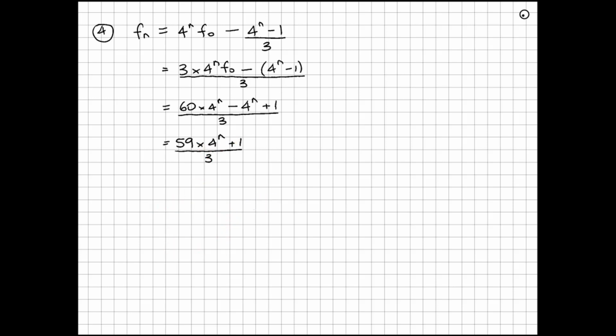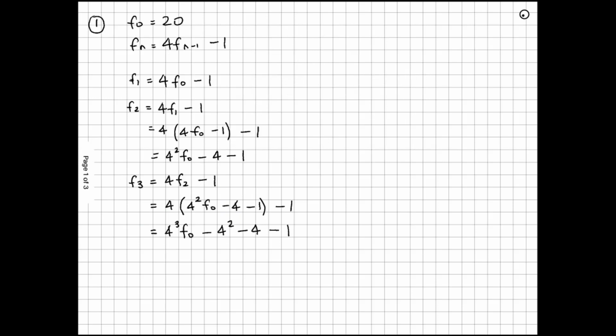So what we can see here is in these first 4 parts we've gone from a recursive definition of this function, where we're told f0, the starting point, and then how f of n relates to its prior value.